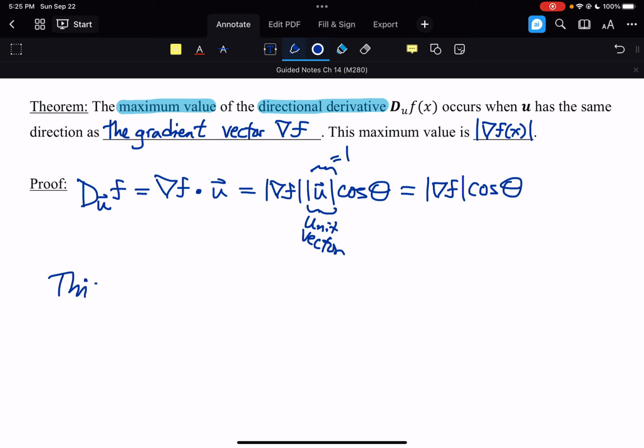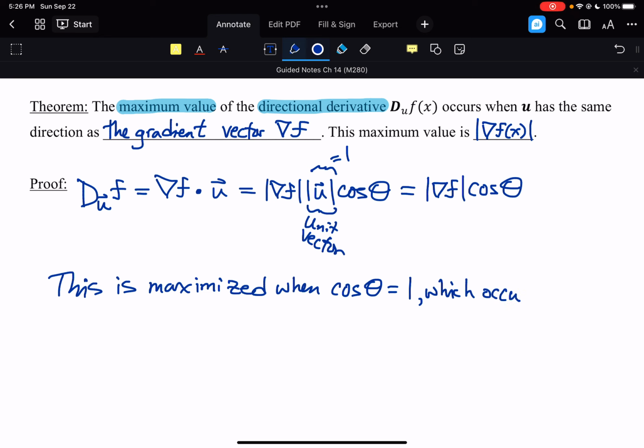So this is maximized when cosine theta equals 1. And what value makes cosine 1? That occurs when theta equals 0.